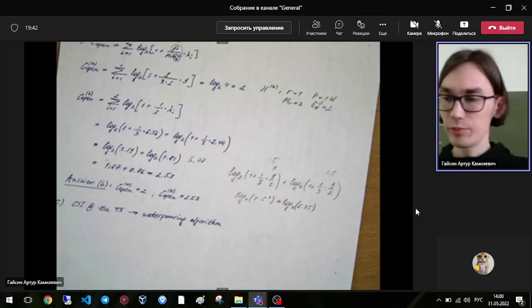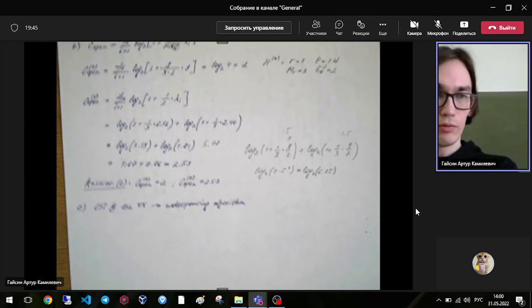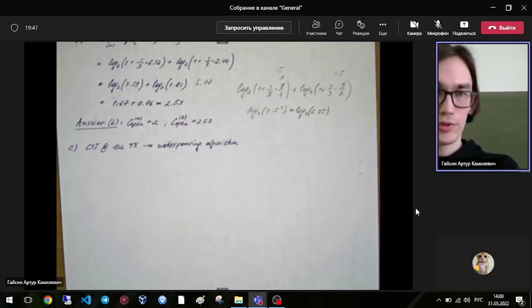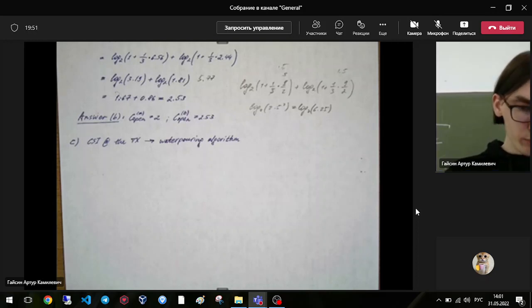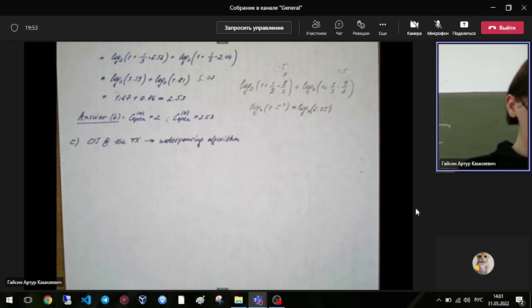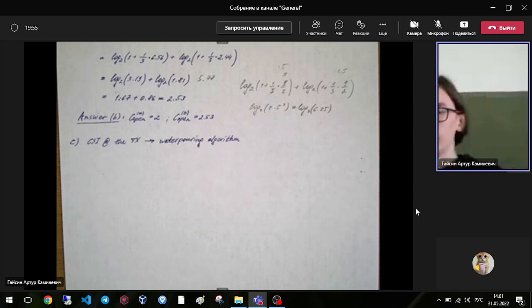So first, what we need to calculate. Do you know the water pouring algorithm? If you check your notebooks, so it is, I think, something like lecture number 4. Or maybe 5.